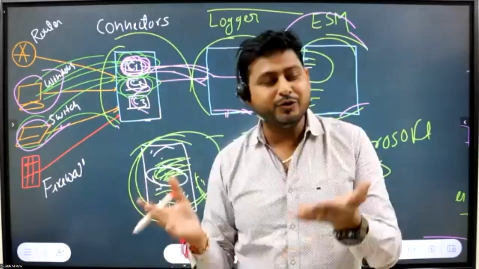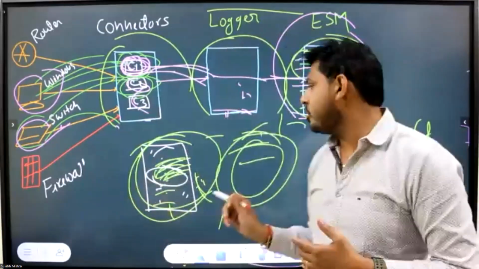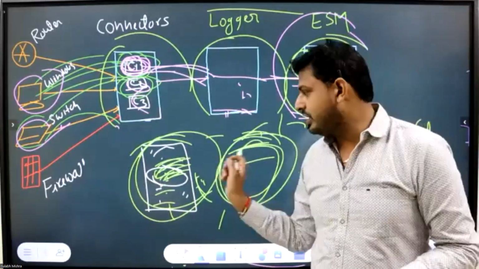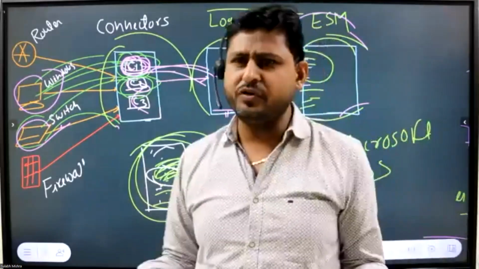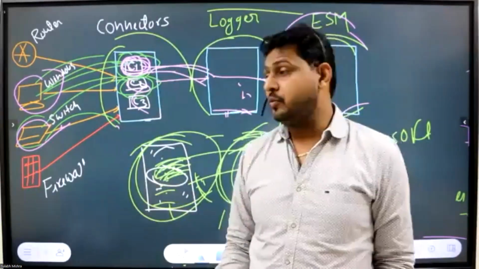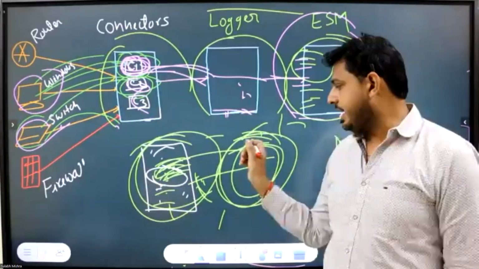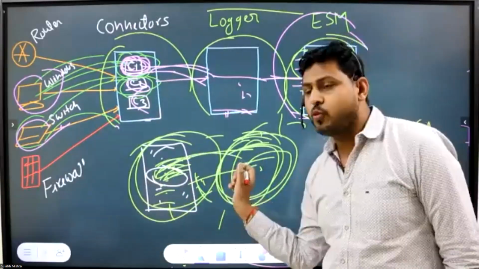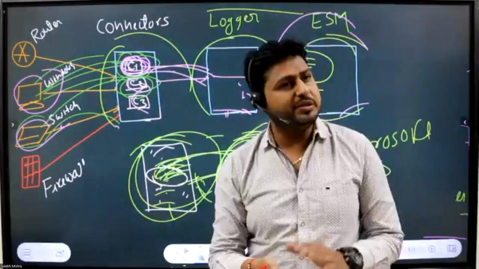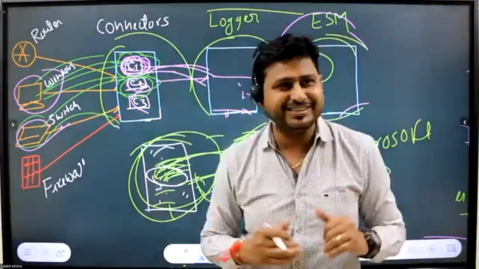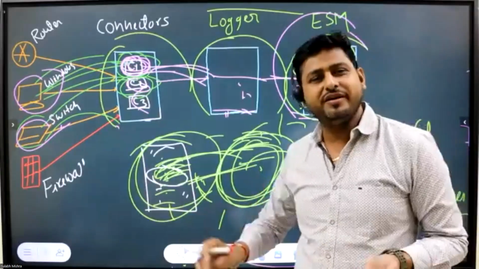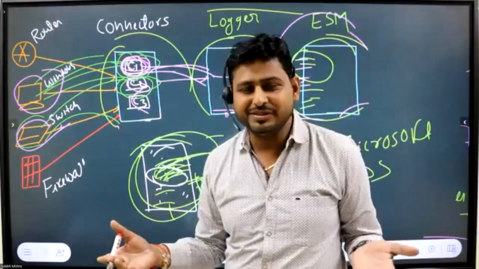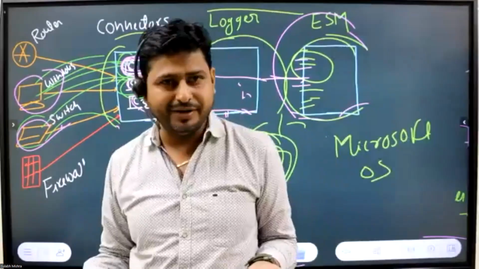Windows 2012, 16, 19, or any server operating system also you can deploy, and you can see more functionality. But from desktop laptop perspective, it is not required, because if you deploy server, it has more features and it will use more resources such as memory, CPU, and your disk. For normal purposes, that's the reason you go for lightweight operating systems such as Windows 10, Windows 11, Windows 7, 8 and all.